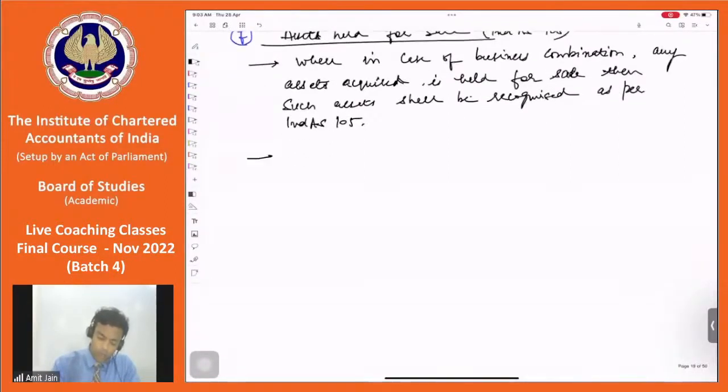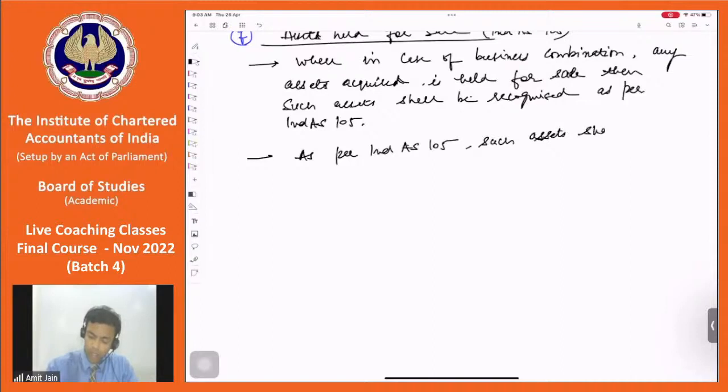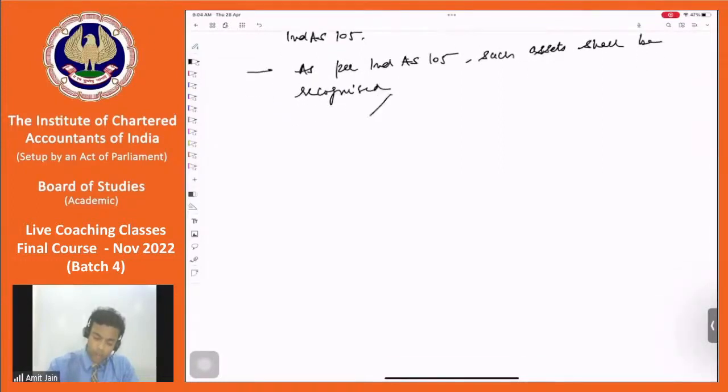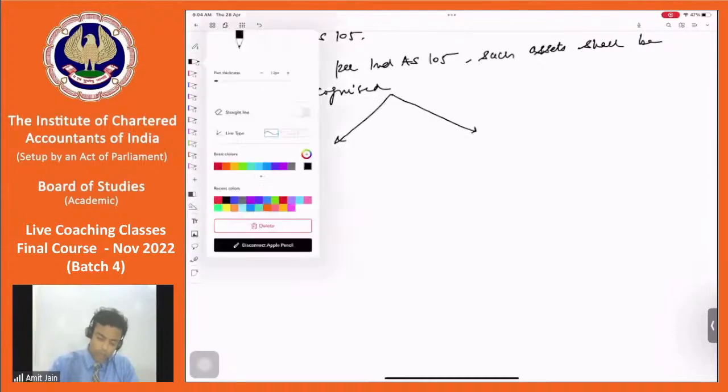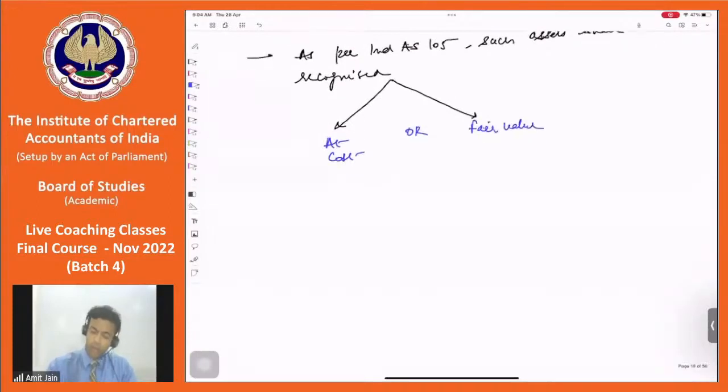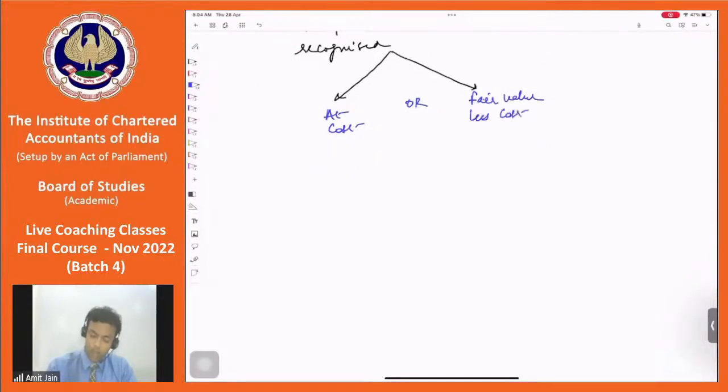What is 105 saying? As per Ind AS 105, such assets shall be recognized at cost or fair value less cost to sell, whichever is lower.